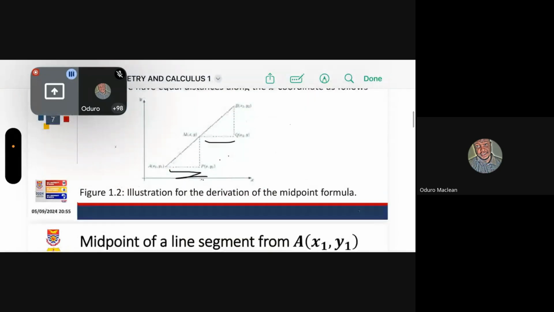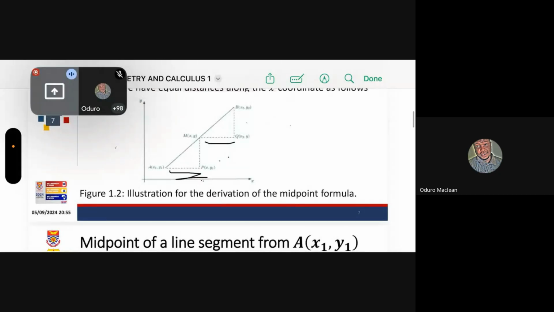Then the next thing, I have to find my y coordinates. I've seen that the distance from A to P is the same as my M to Q. Then P to M is a midpoint, so the distance from P to M is the same as the distance from Q to B. That means my coordinate over there is going to be y minus y1, and it's the same as y2 minus y.